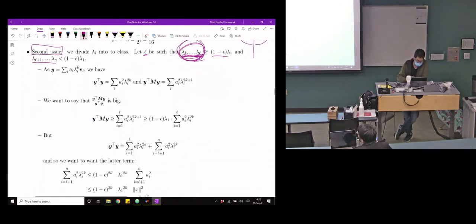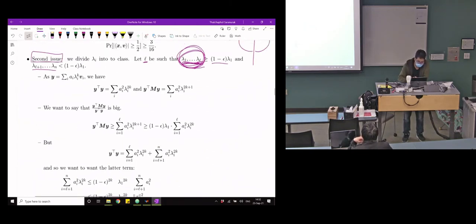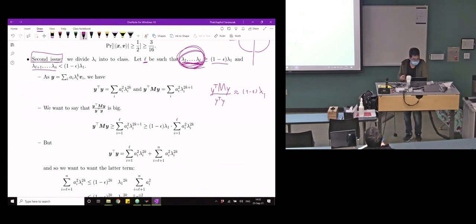All right. So now we can just analyze it, actually. What I'm going to say is that this ratio is close to this. So how am I going to do that? Let's just write it.